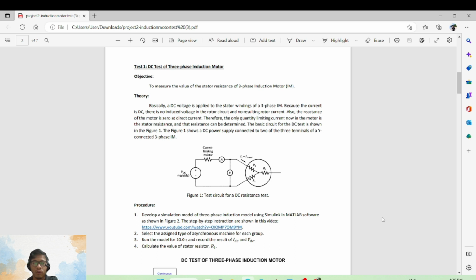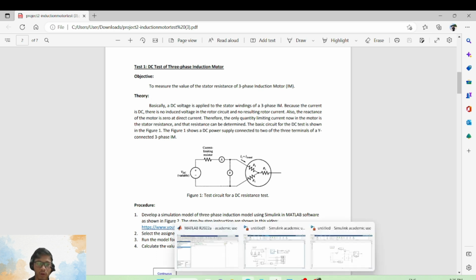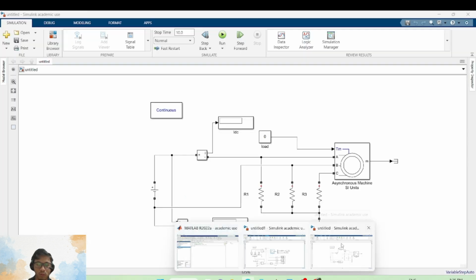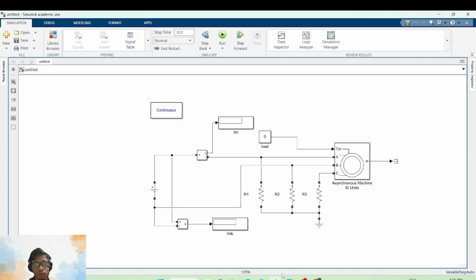First of all, we present the circuit which we developed using the MATLAB software. This is the circuit that we developed using MATLAB. First of all, we are using a synchronous machine SI unit.